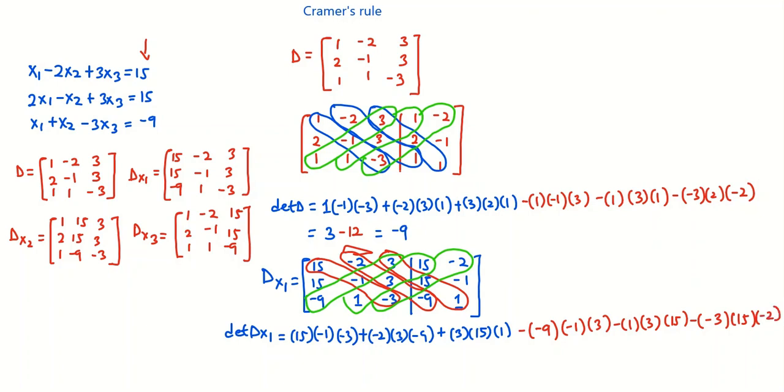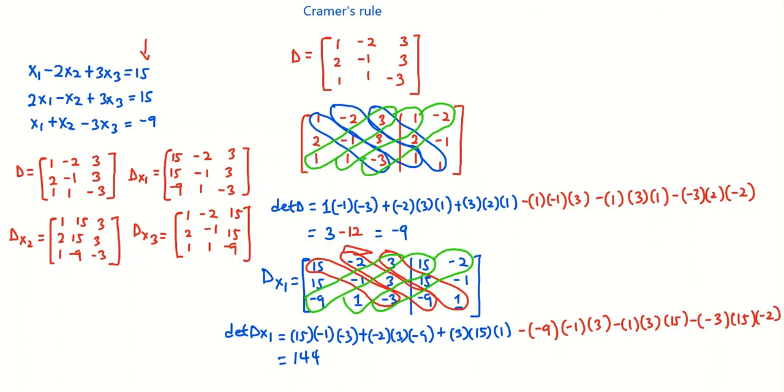So let's simplify this and see what you are going to get. For the top left side, you are going to have 15 multiplying minus 1, multiplying minus 3, plus minus 2 multiplying 3 multiplying minus 9, and then you're going to have plus 3 multiplying 15 multiplying 1. That gives a value of 144. Okay, so now let's look at the bottom left diagonals too.